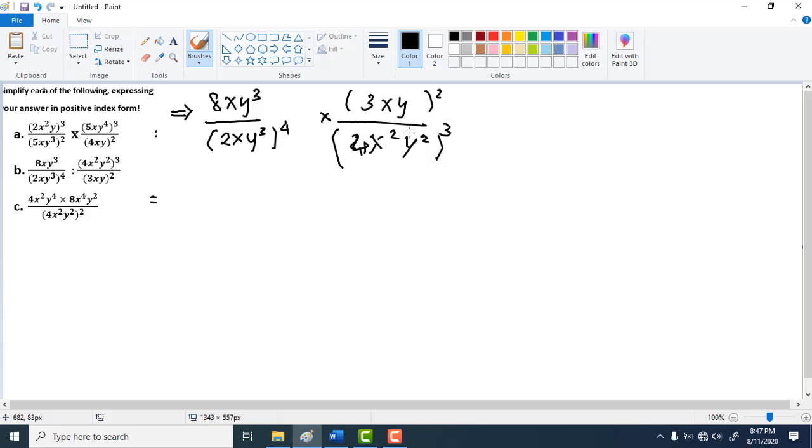Okay, you change the division into a multiplication and swap the numerator and denominator.